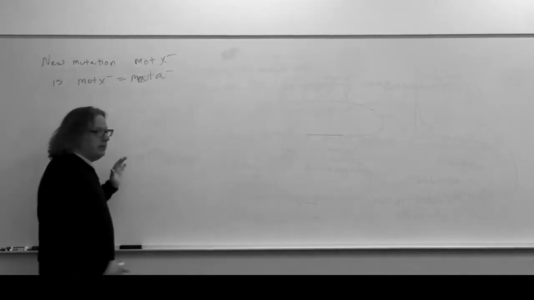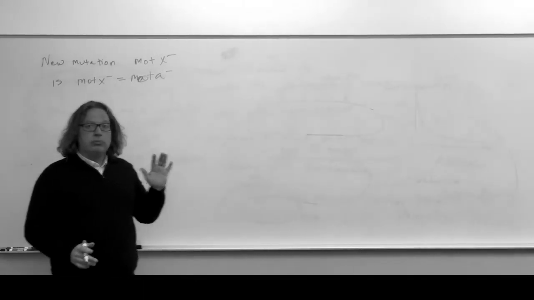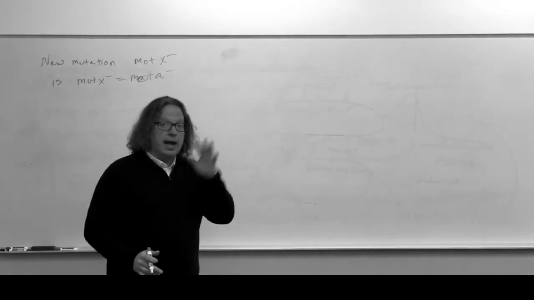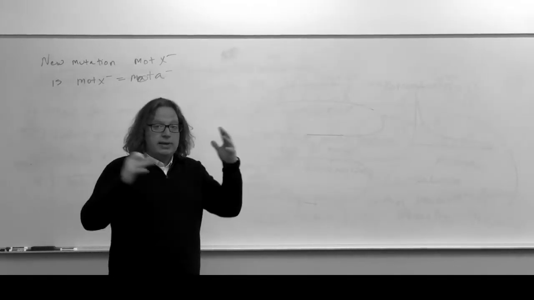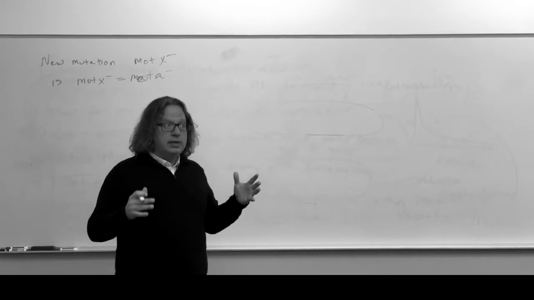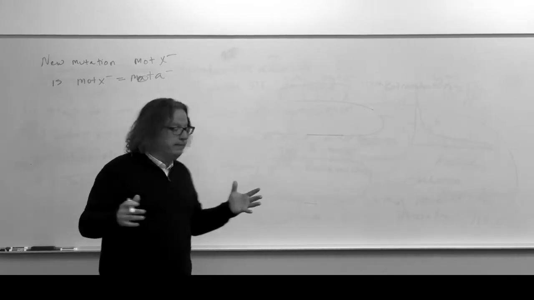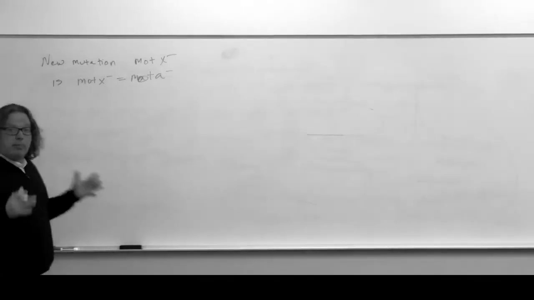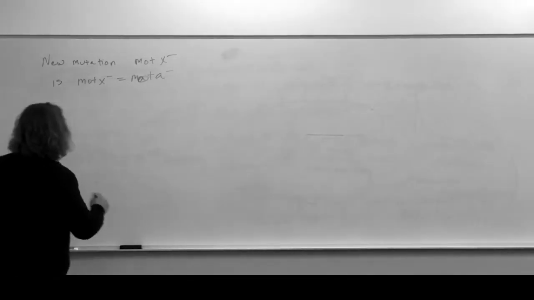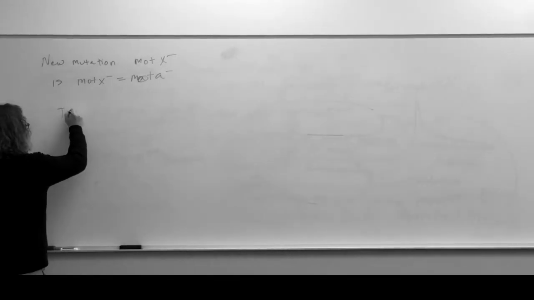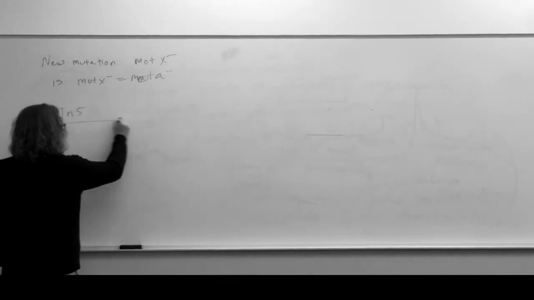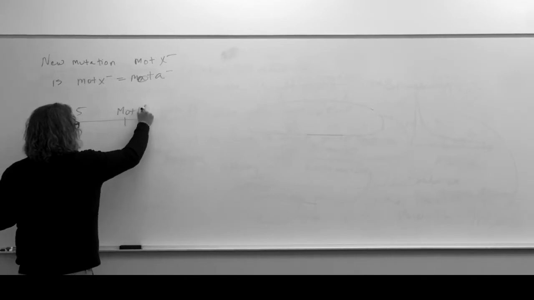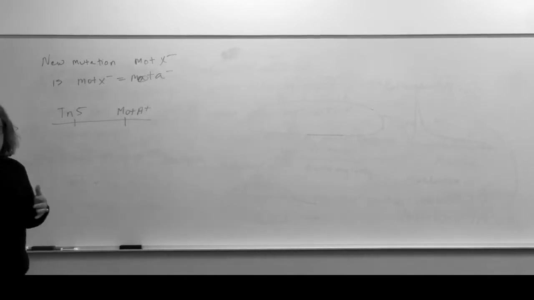So the way we can do this is we can actually bring over MOT A into a MOT X deficient cell and see whether we ever get recombination events that restore motility. So let's start with a MOT A plus strain where we have TN5 and we have MOT A plus together.